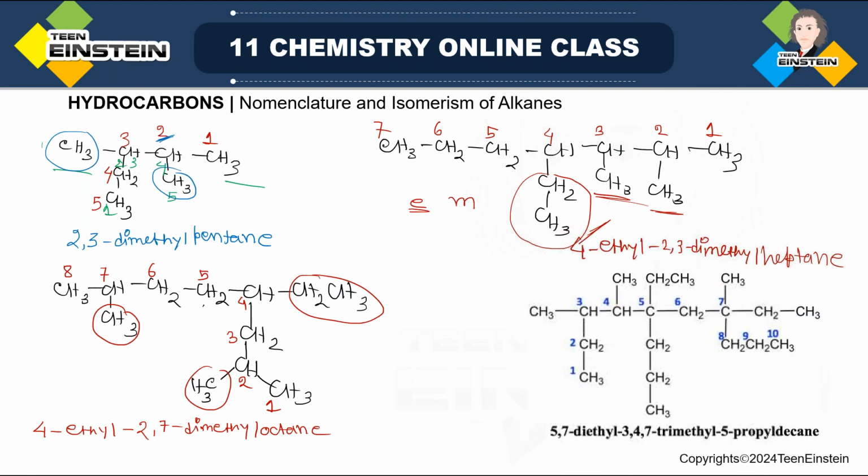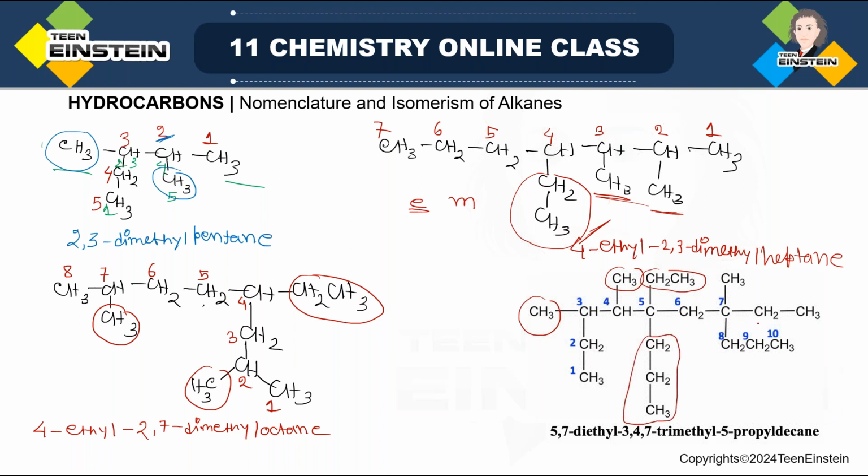Now one more example. Here we have more branching compared to the three examples that we have already discussed. Here branching is to some extent high, and the parent chain, look at this, is total 10 carbon. So here we have substituents at 3 position, then 4 position, then at 5 position we have ethyl substituents, we also have propyl substituents.